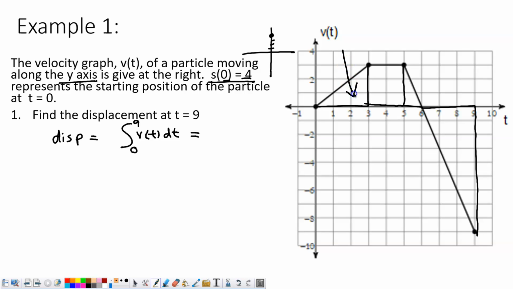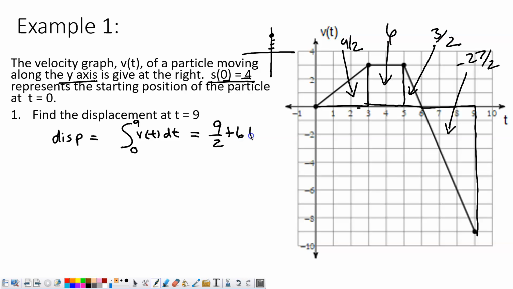So this would be 3 times 3 is 9 halves. This is 6. This is 3 times 1 1/2. And this is 3 times 9 cut in half, and it's negative. Right? So there's my areas. So it's 9 halves plus 6 plus 3 halves minus 27 over 2.